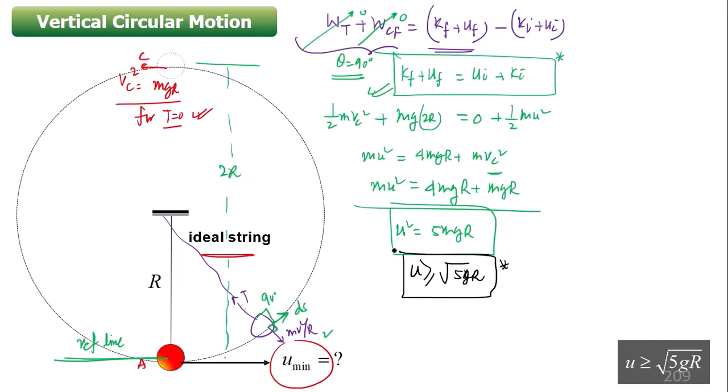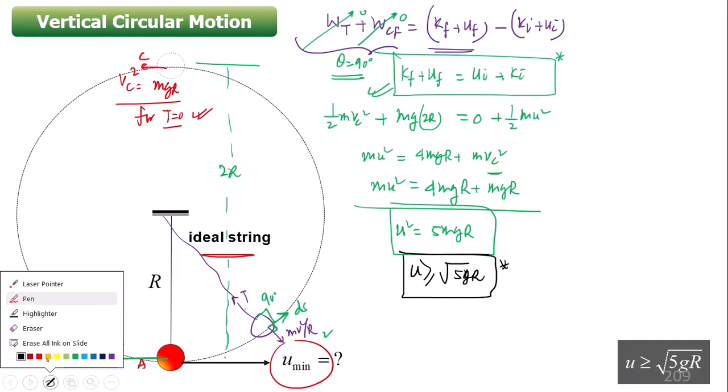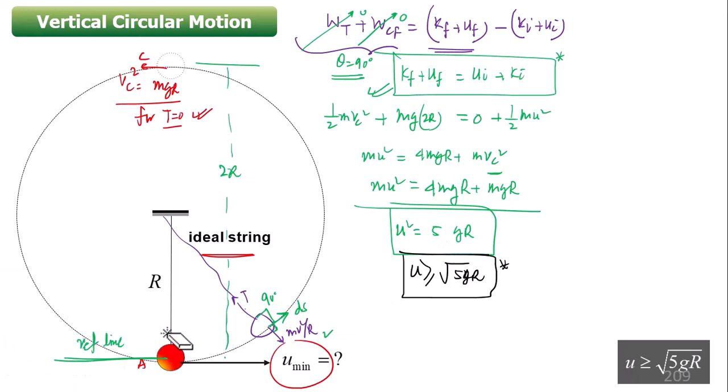This is the first condition. M is already cancelled out from both sides, so root of 5gr. This is the minimum velocity of projection of the particle in order to complete the vertical circle.